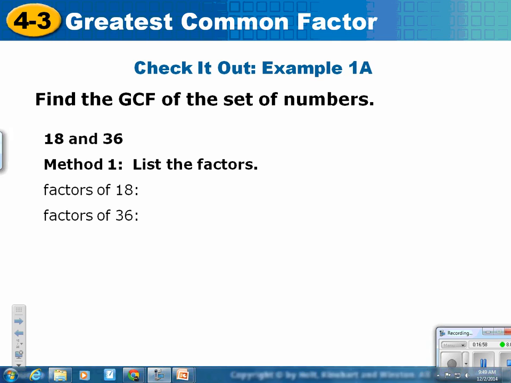First of all, prime factorization of 18 is what? What was my prime factorization? Okay, fine, I'll have to do it. 18 is 3 times 3 times 2. What's my prime factorization of 36?